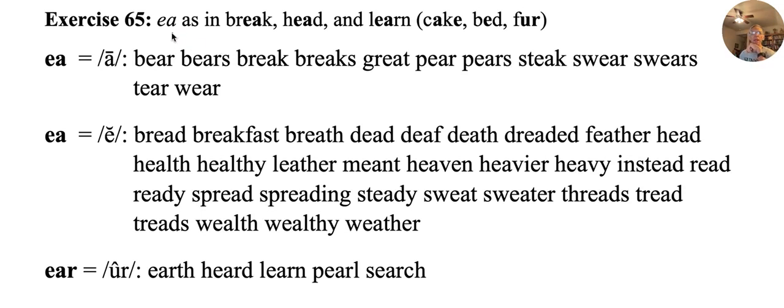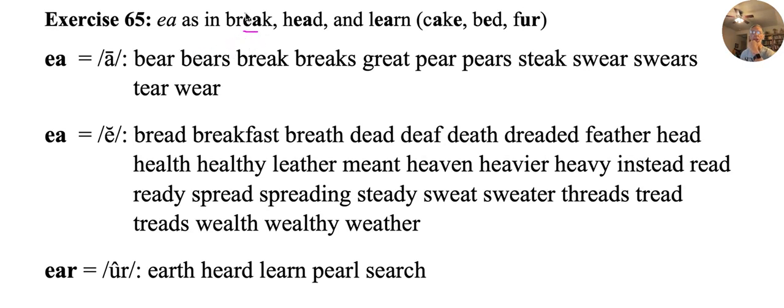Here we go. We learned in an earlier lesson that EA could say E, just like the double E can say E. The EA can also, though, say the short A sound in break.